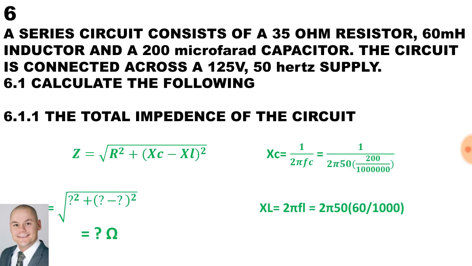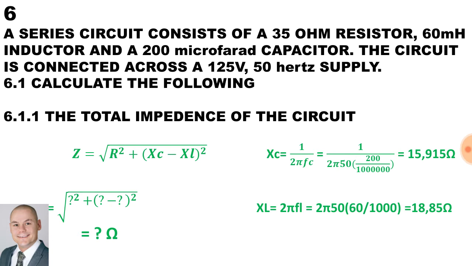Our capacitive reactance, don't forget, is for 200 microfarad, therefore it's times 10 to the minus 6, or we can divide by a million. Therefore, our capacitive reactance is 15,915, and the inductive reactance is 18,85. Of those two, the inductive reactance is larger, therefore the circuit is mainly inductive.